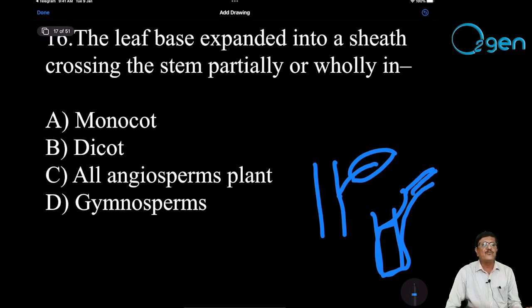That means the leaf base is expanded to cover the stem, in monocot plants, partially or wholly. In maize and sugarcane it is totally covered, whereas in coconut and palm it is partially covered. So, leaf base expanded into sheath crossing the stem partially is the first option, monocot plant sheathing leaf base.